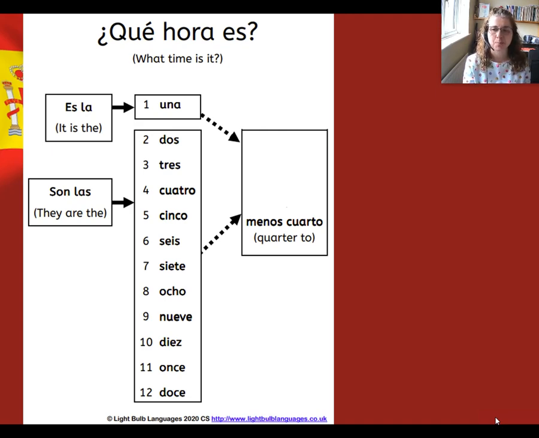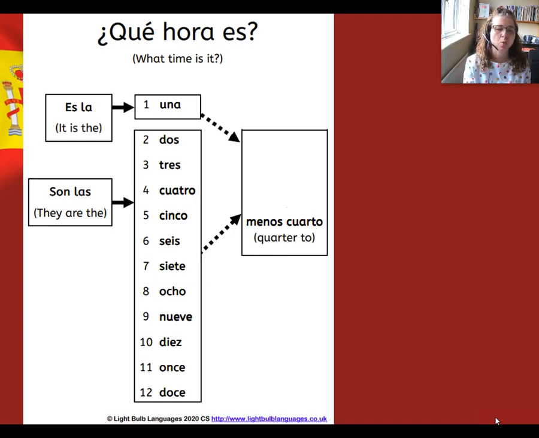Son las 10 menos cuarto. How about it's quarter to 3? Son las 3 menos cuarto. And it's quarter to 9. How would we say that? Son las 9 menos cuarto.